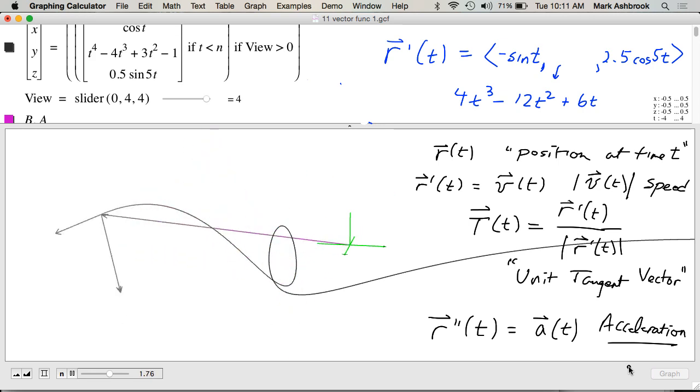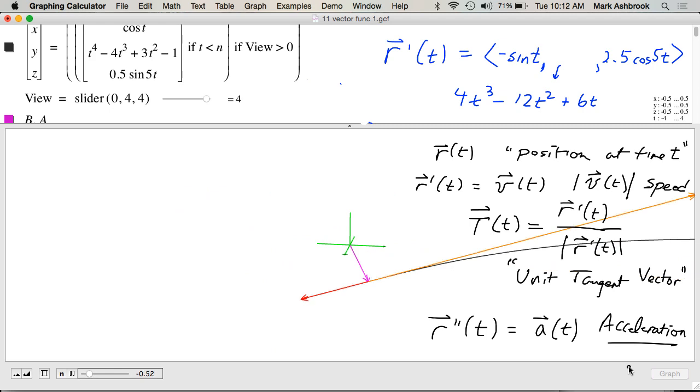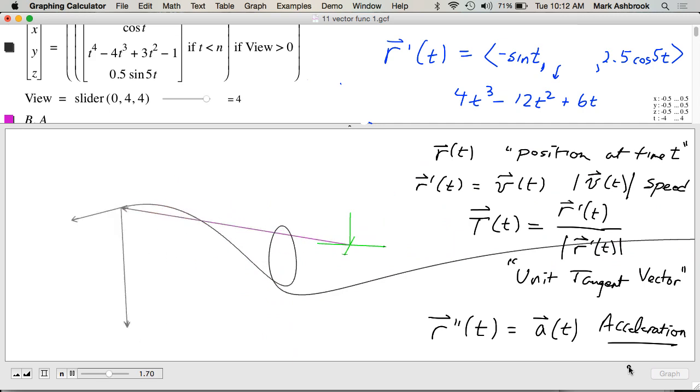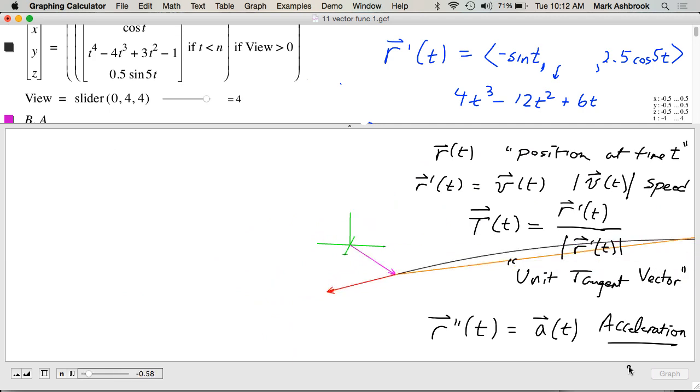But it's not very useful in that form. We want to break that into components: the component in the direction of capital T, the acceleration due to speeding up and slowing down, and the component in the direction of the center of curvature, the acceleration due to turning. But we're going to do that later. We won't do that today.